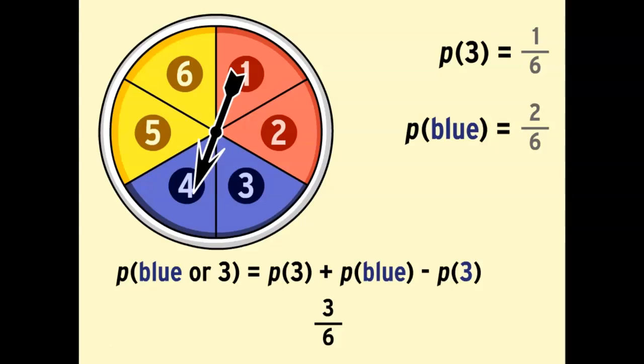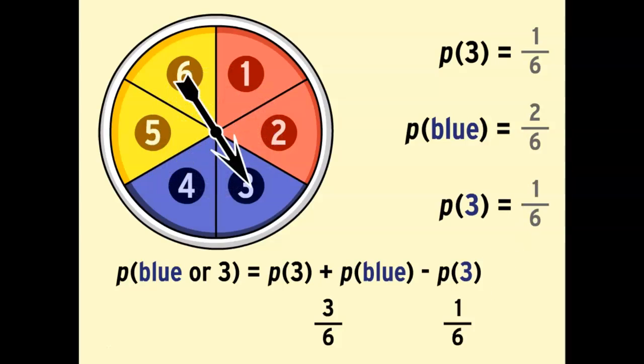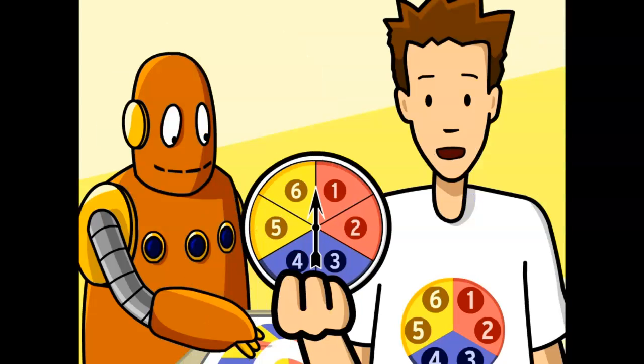Right, then we have to subtract the probability of both events happening. In other words, the probability of landing on both a blue and a 3 at the same time. There's 1 blue 3 on the board, so there is a 1 in 6 chance of the spinner landing on it. The probability of the spinner landing on blue or a 3 is 2 in 6. That reduces to 1 in 3, or 1/3.